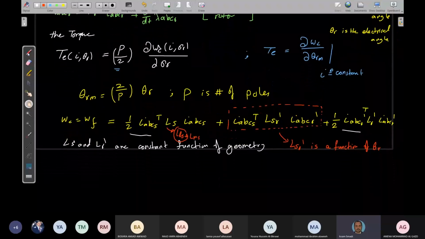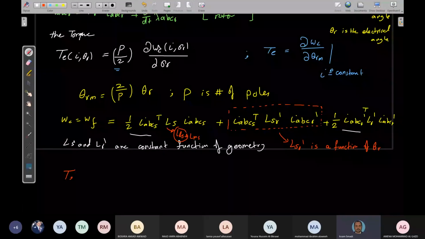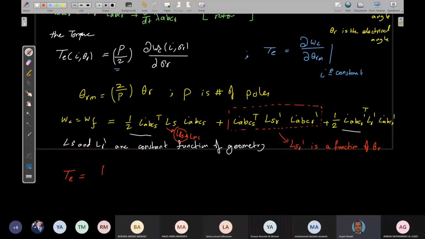So if I do the math, I need to evaluate the torque. It is P over 2, then I differentiate the co-energy. The only term I need to differentiate is the term inside the dashed red box here.